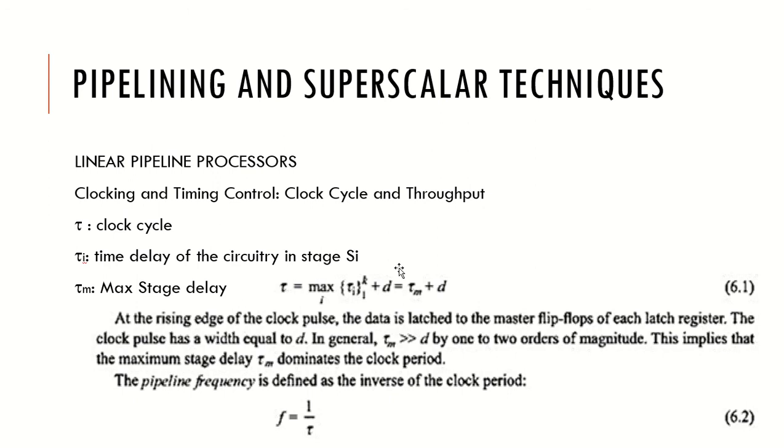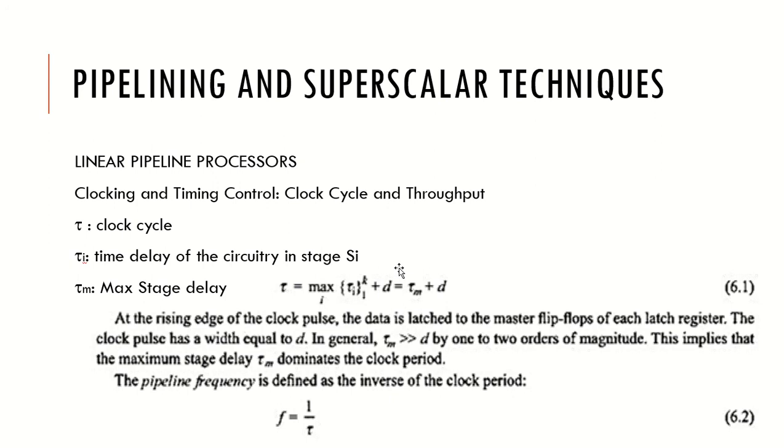So when you talk about the clocking and timing control, we have to talk about the clock cycle and the throughput. Just like before, here tau is going to represent the clock cycle, and tau i is going to represent the delay of the circuitry at a stage Si.